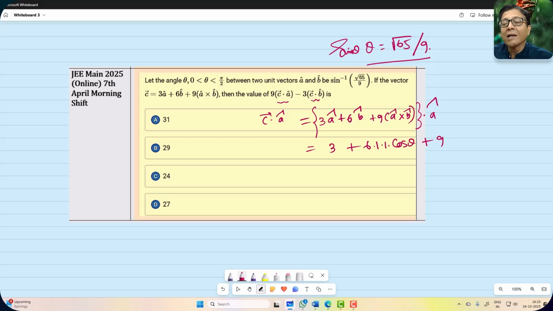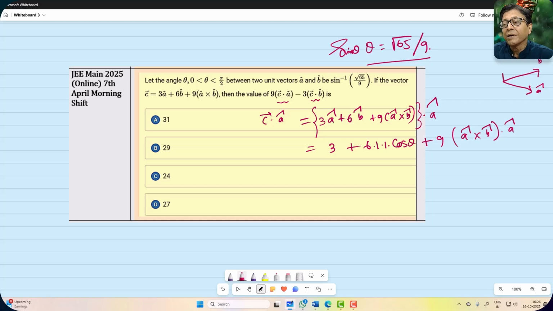Now a problem arises, what is the value of the scalar triple product? You haven't done it. It is not in the syllabus, but you have a concept in your mind that A cross B is a vector which is perpendicular to the plane of the vectors A and B. You will be using this concept only.